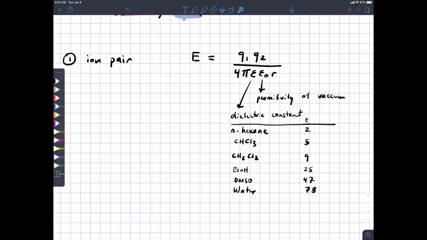So this is just a good idea to keep in mind, that nonpolar solvents have a dielectric constant that's closer to that of a vacuum versus water, which has a dielectric constant of 78.